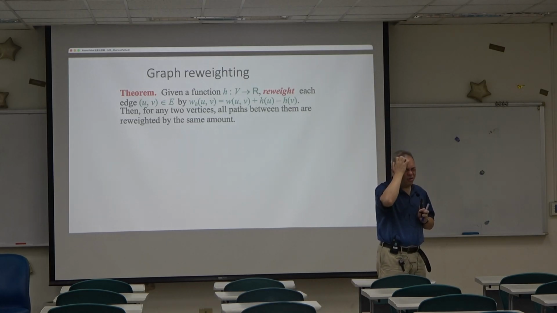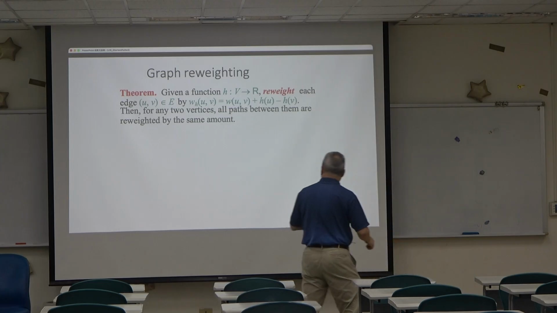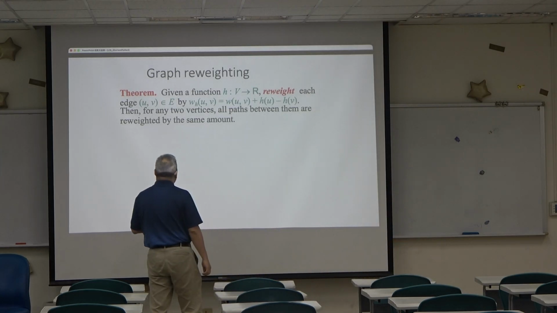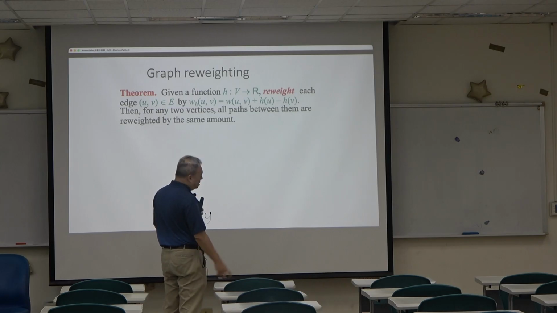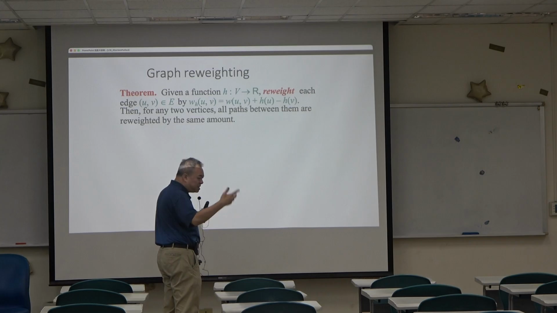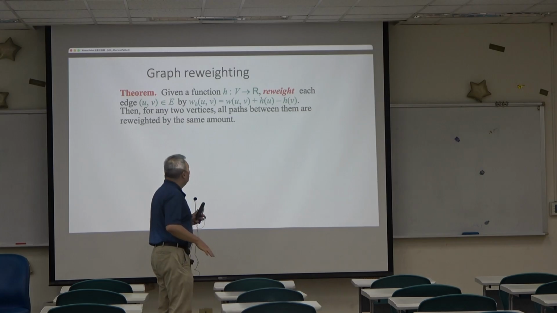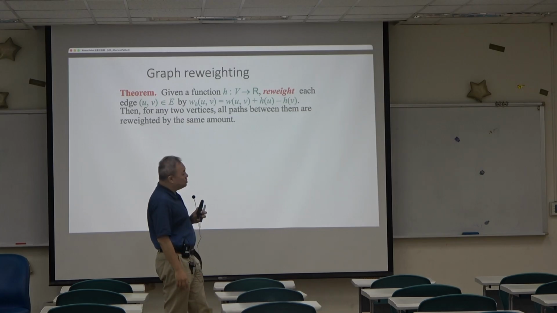Now, we try to assign the weight. If there's an edge from node u to node v, say that the weight of that edge is w. Now we are doing the graph reweighting.